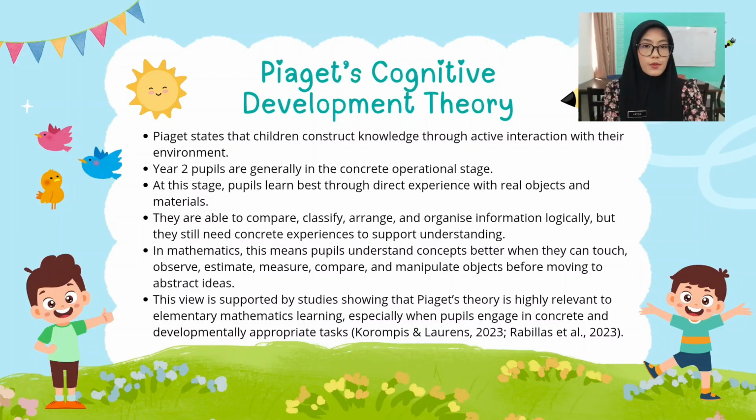They are able to compare, classify, arrange, and organize information logically. In mathematics, this means pupils understand concepts better when they can touch, observe, estimate, measure, compare, and manipulate real objects before moving towards abstract understanding. This explains why hands-on learning is very important for pupils at this age.